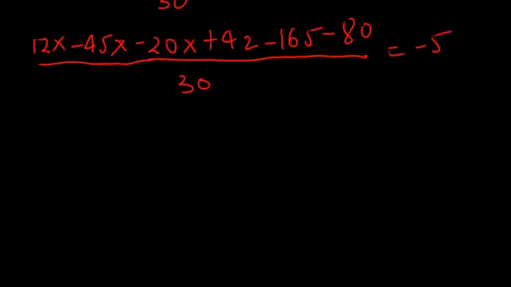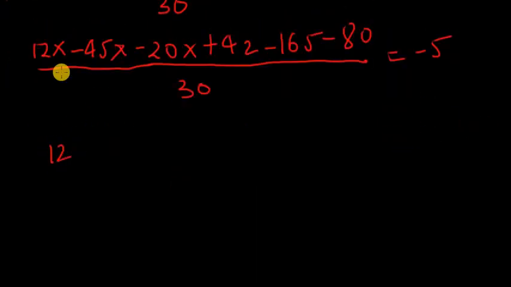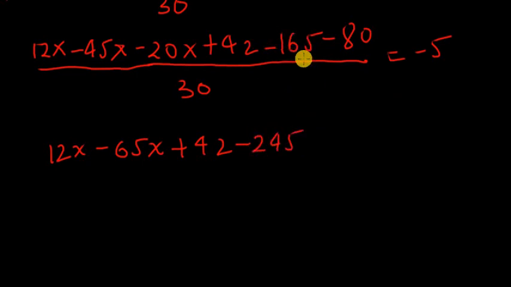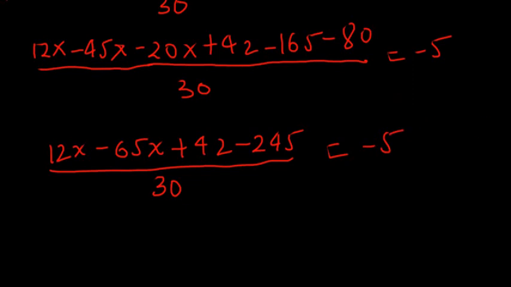Now let's simplify this: 12x minus 65x, plus 42, minus 165 plus minus 80 is minus 245, and divided by 30 equals minus 5.